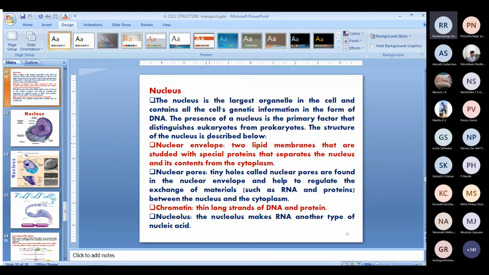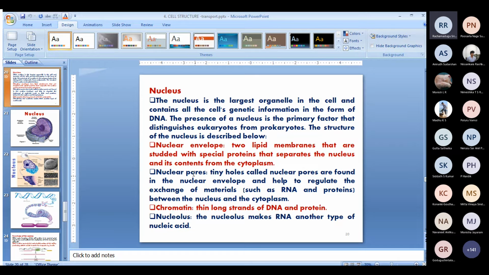Okay, so now the next important one is the nuclear pore. Tiny openings on the surface of the nucleus are what is called the nuclear pores. So what is the main function of this nuclear pore? It will allow the exchange of substances across the nucleus. Initially they thought that only from inside the nucleus this RNA and ribosome can move out, and nothing can move from cytoplasm to the nucleus.